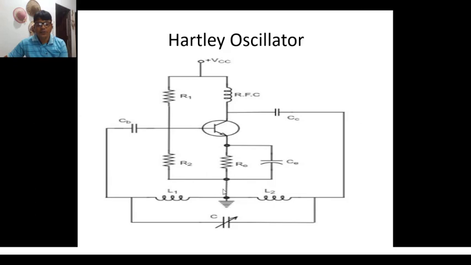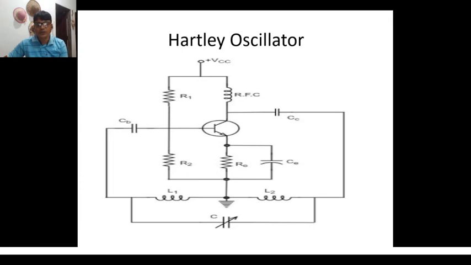It may be seen that the energy supplied to the tank circuit is out of phase. The ends A and B are not shown here. This is A and this becomes B. The auto transformer gives 180 degrees phase shift. A further 180 degree phase shift is produced by the base and collector circuit of the transistor.